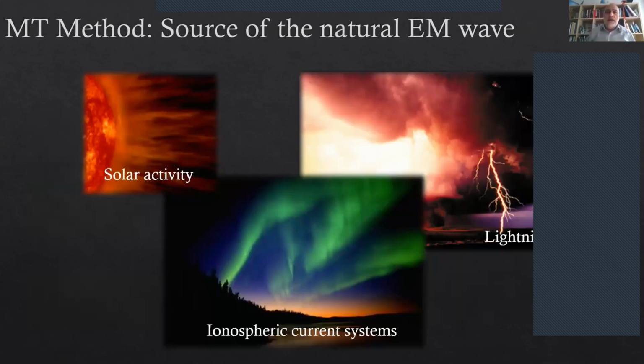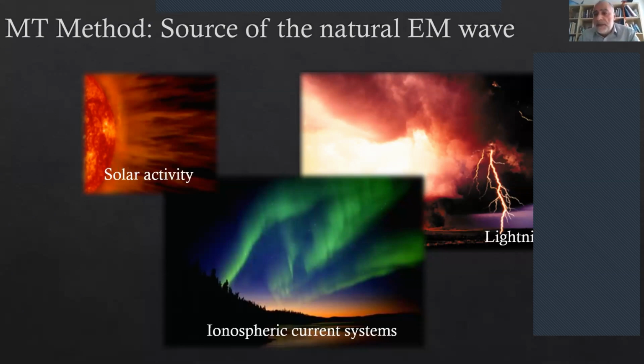Now, on the magnetotelluric method, one question is, what is the source of the natural electromagnetic wave? We have several sources, namely solar activity, which interacts with the ionosphere and creates a current system in the ionosphere that propagates downward to the Earth, creating or inducing electromagnetic fields that we can measure.